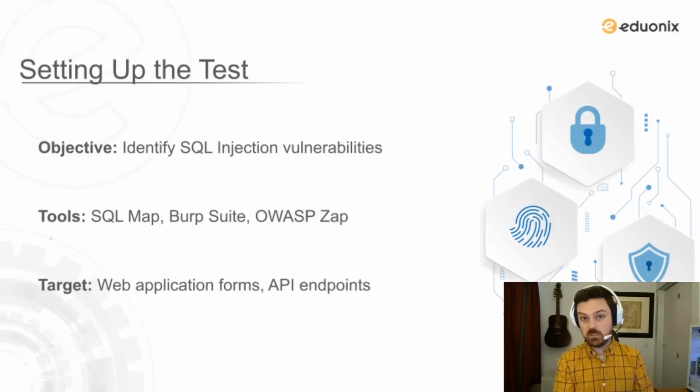This could also apply to any API endpoint that you might be targeting that interacts with a SQL database. And we'll use tools like Sqlmap or Burp Suite to automate some of these tests and manually inspect the results. It really speeds things up and ensures you're getting everything right.